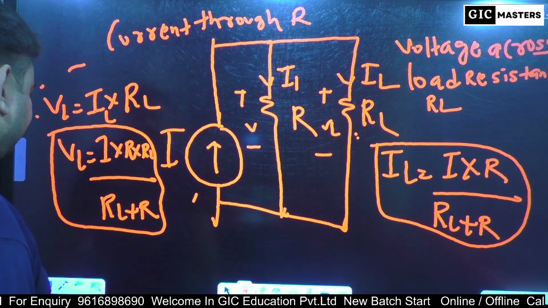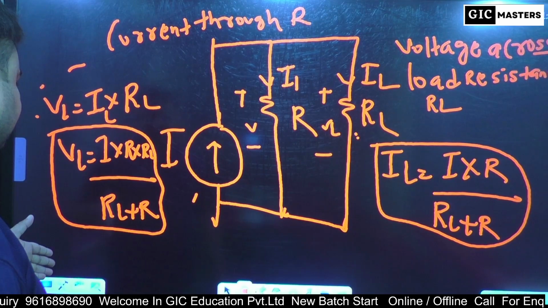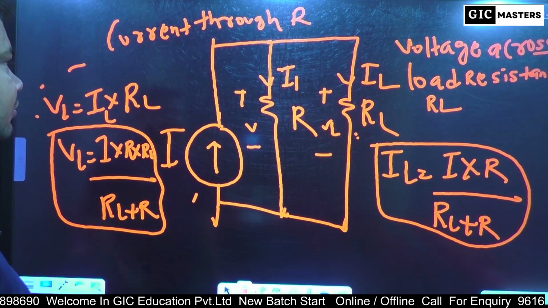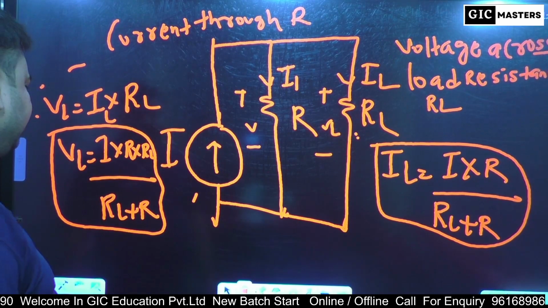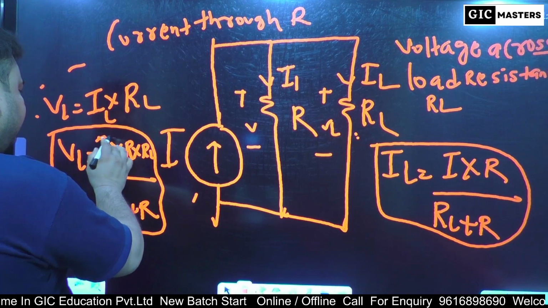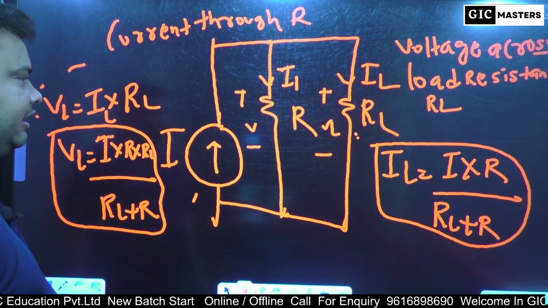These are the relations between voltage, current and resistance when current flows through a load resistance RL.